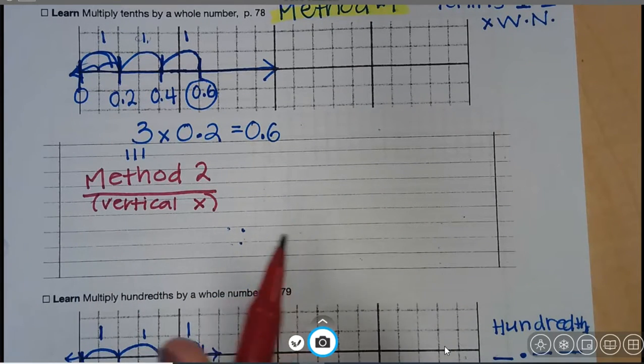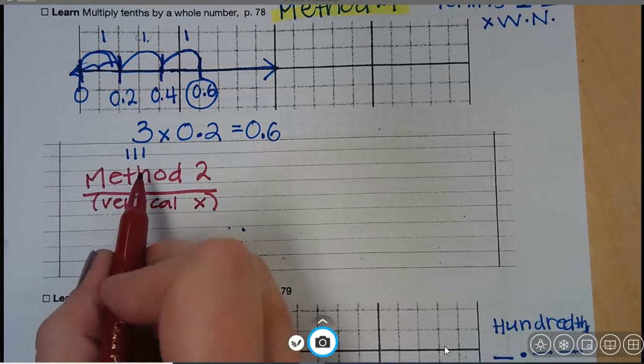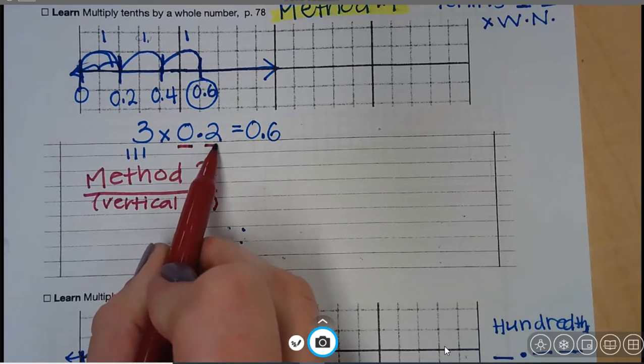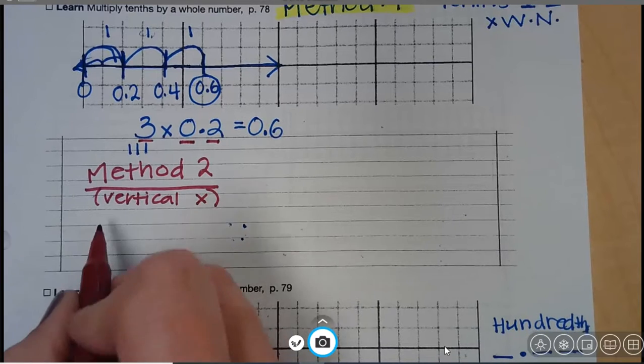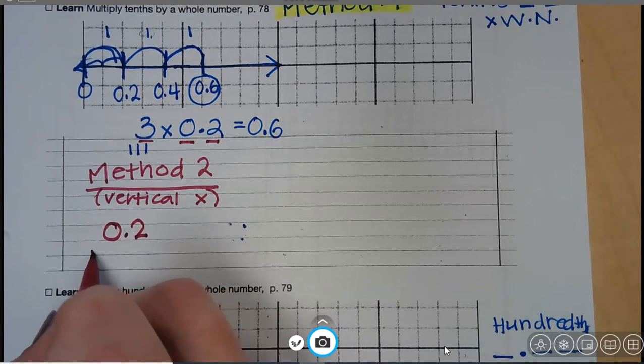Before you include decimals, the number that has more digits will usually be the bigger number. But when we include decimals, like you can see here, 2/10 has more digits than 3 does. So we're going to put 2/10 on the top, and we're going to multiply it by 3.